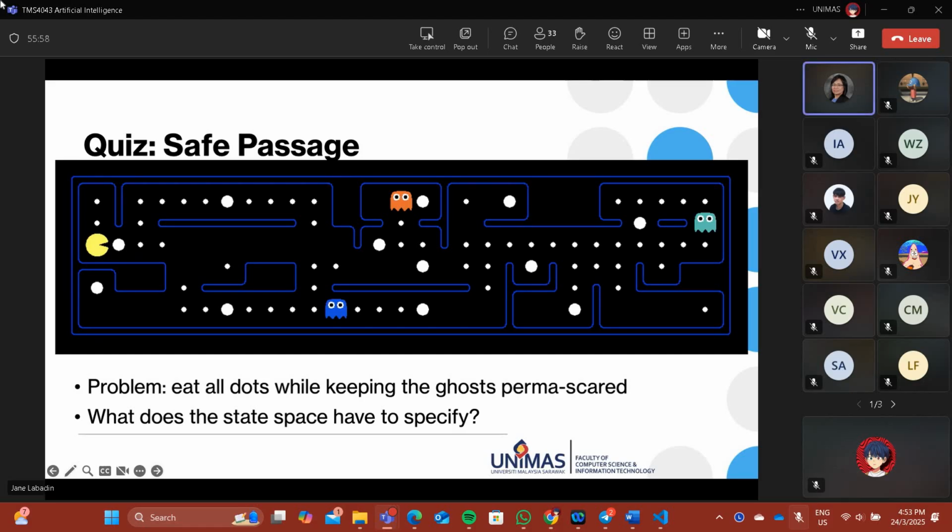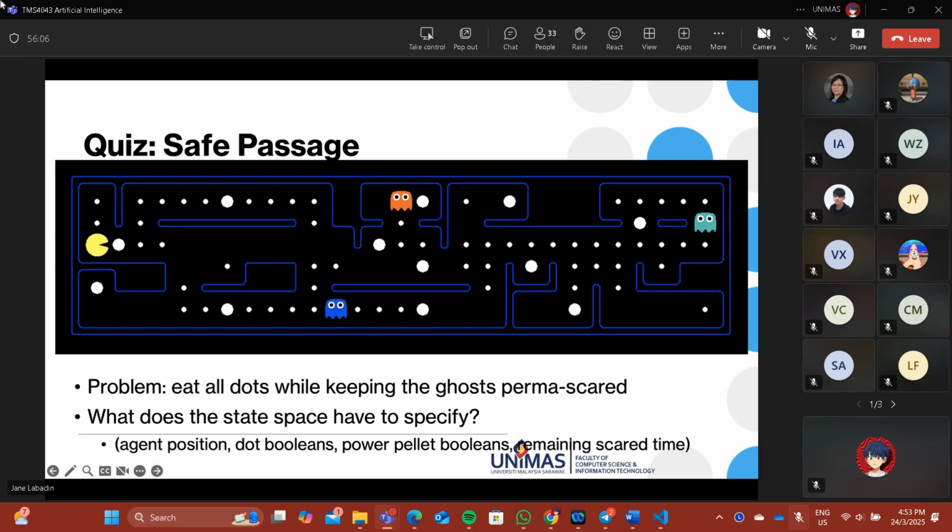So what does the state space have to specify? You would need to specify the agent position, the dot boolean, whether there is food or not, and the power pellet. Obviously when you see the dots, there is a big one and a small one.